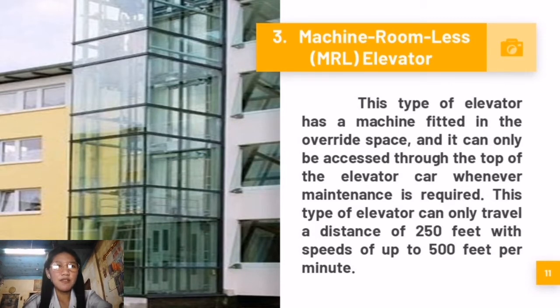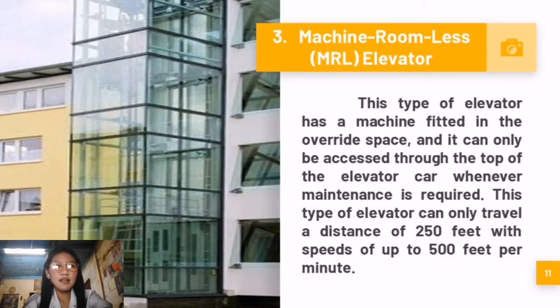So most elevators are designed with a machine room located above the elevator shaft. MRL elevators are traction elevators that do not have a dedicated machine room above their elevator shaft. So they are gaining popularity with mid-rise buildings because they conserve energy and require less room during construction.